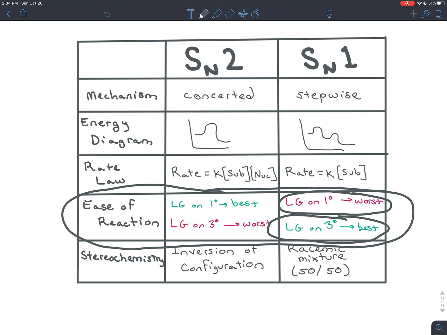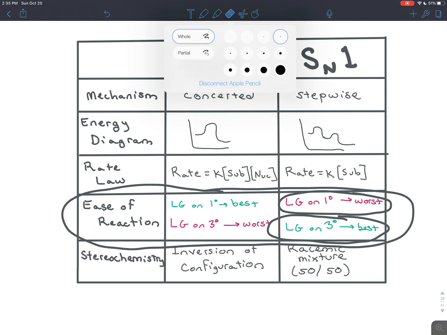And if the leaving group is on a tertiary carbon, then you'll form a tertiary carbocation, which is the most stable. And in the case of SN1 reactions, crowding doesn't matter, because after the leaving group leaves, the molecule is trigonal planar. The carbocations are all bonded to 3 atoms and have 0 lone pairs. So they're trigonal planar, which means they're flat, and so the nucleophile can attack it like a pancake, either on the top or on the bottom.